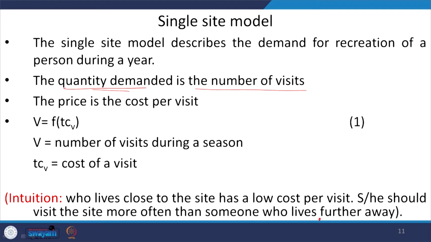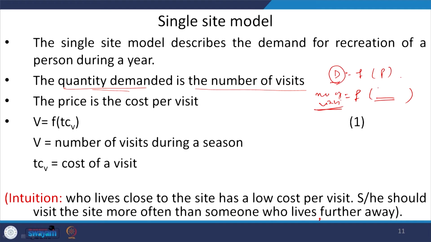Here we take into account the same demand-price relationship. As you understand, demand is a function of price. If we take the demand as the number of visits, then the number of visits will be a function of the price. So what will be the price for the number of visits?